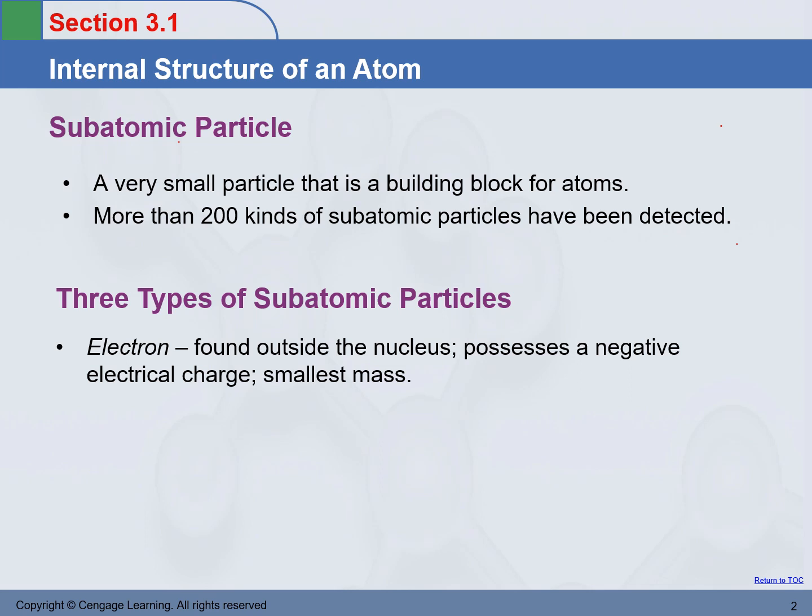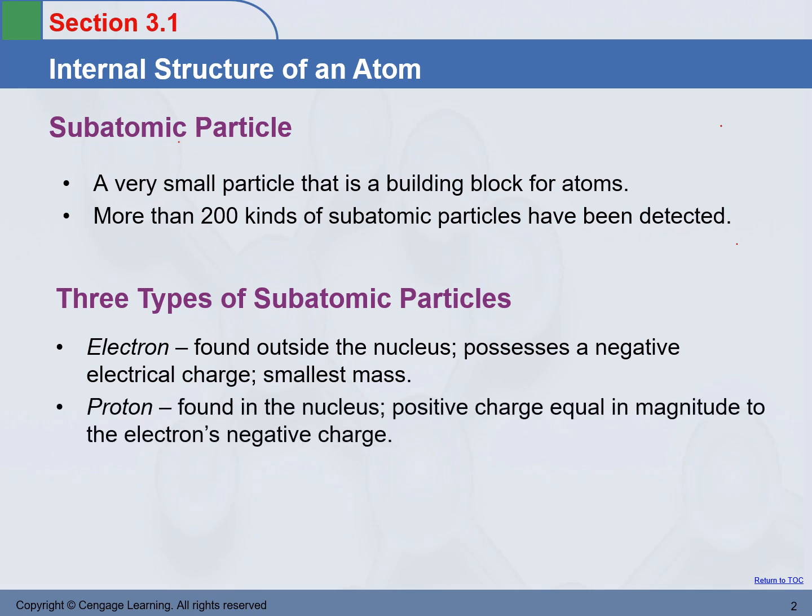From this statement, we can infer that there is a center in the atom that is called a nucleus. What is in there? We don't know yet, but there are electrons outside the nucleus. Each electron possesses a negative charge, and among the 3 types of subatomic particles, electrons have the smallest mass.